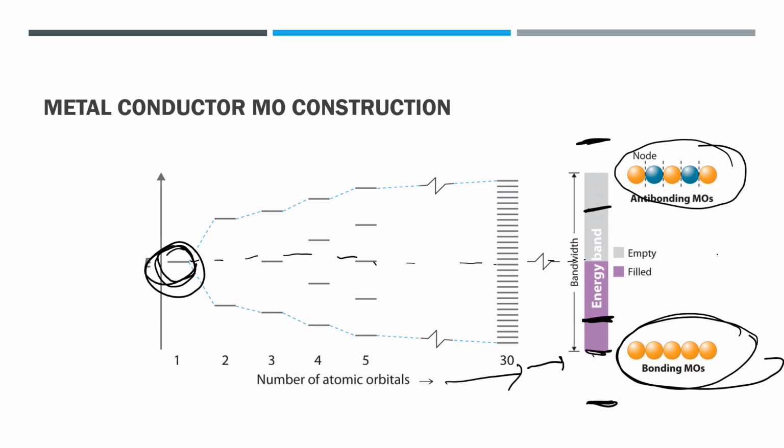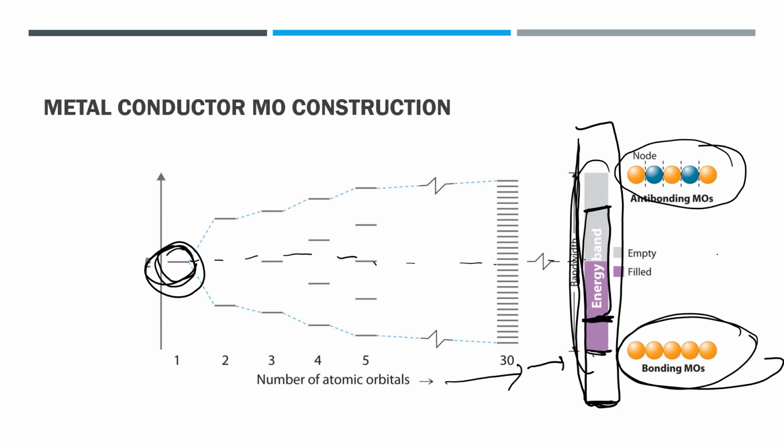And that's going to cause this energy band to be more stretched out, like that. Say if it was more diffuse orbitals coming together, it would be longer, like this. If it was less diffuse, it would be shorter, like that. So those are two important things I want you to take out from this diagram.